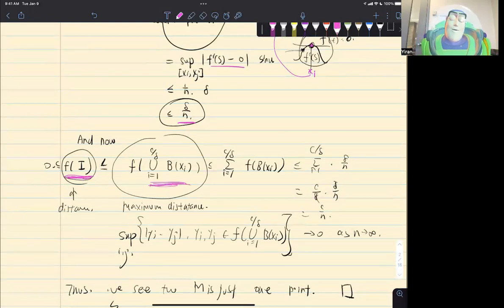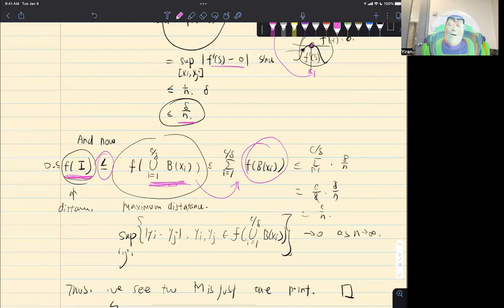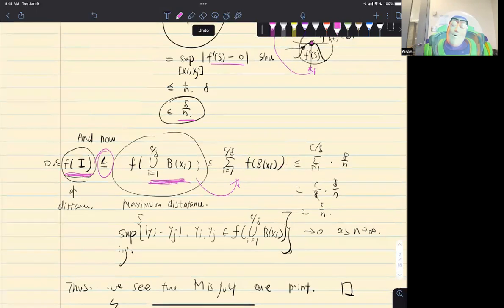So we write I in terms of this. And because the open cover may contain some extra stuff beyond just I itself, there exists a smaller-or-equal sign. And from here to here, we actually use that the function of a union is smaller than the summation of the function of each set. So you have something like this. Another convention I'm using is that when you evaluate a function on a set, this is not a set, it is a scalar.